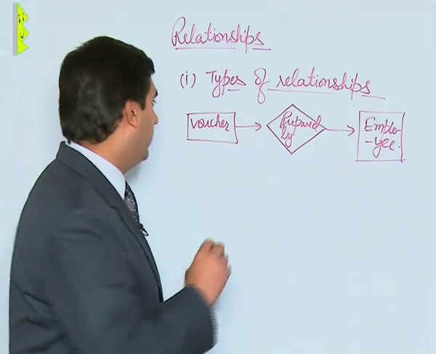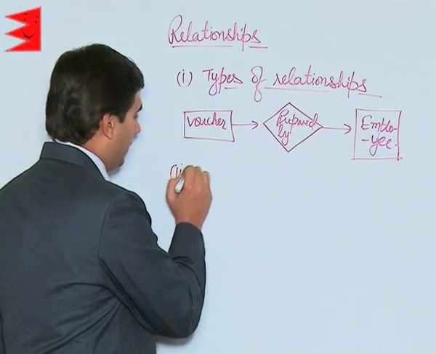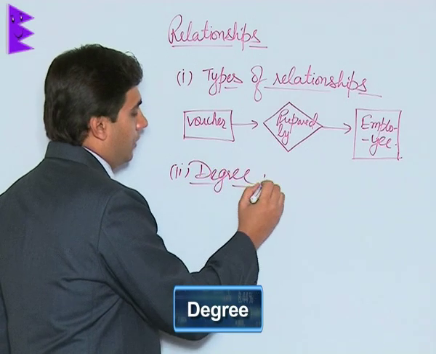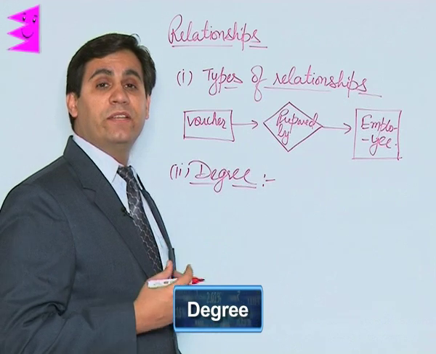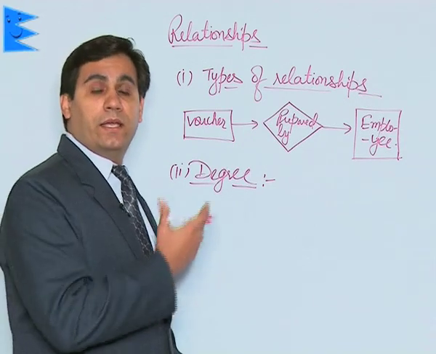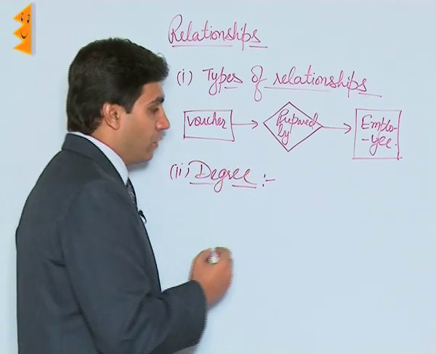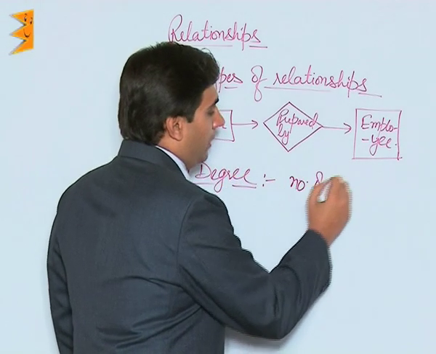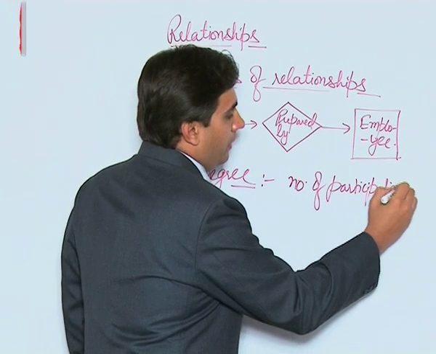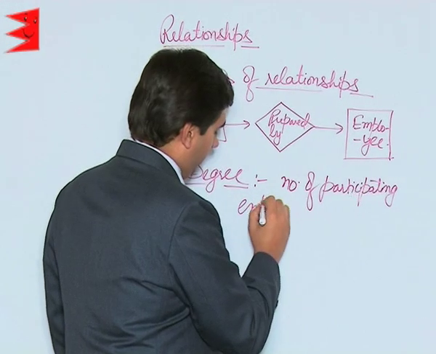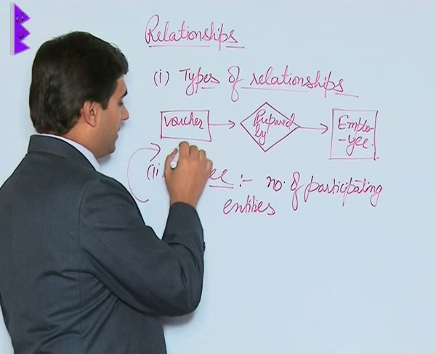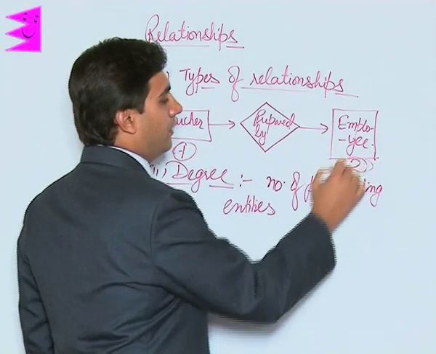The second part in any relationship is degree. Now students, degree is actually reflected by the number of participating entities in any relationship. For example, in this case, this is entity 1 and this is entity 2.